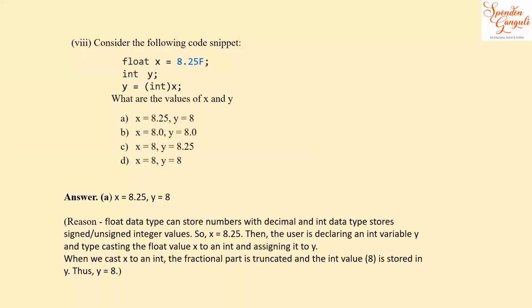The answer is option A, x is 8.25, y is 8. The reason is given here. x being a float holds the fractional number, whereas y gets the value typecast from float to int. Thus, it holds 8 only.